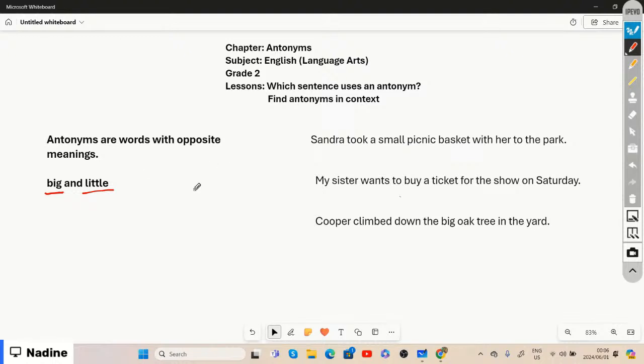It's like somebody would say the opposite of black is white. So basically, it is words with opposite meaning.